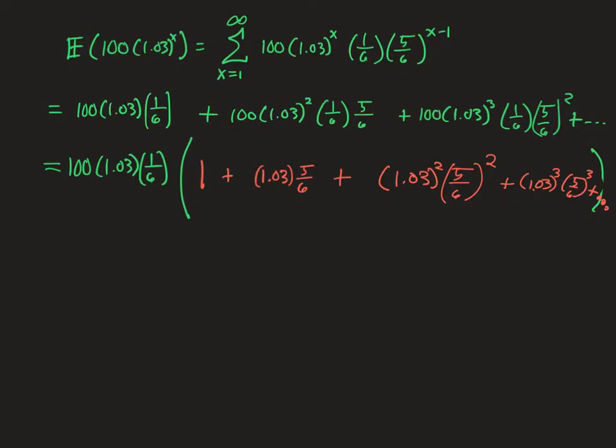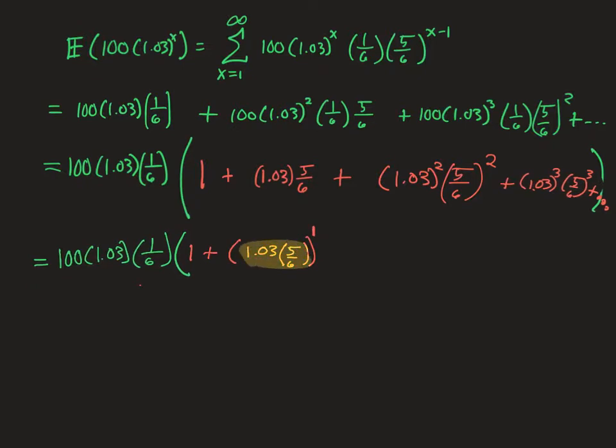So writing this in a way that lends itself to interpretation as a geometric series, all we're going to do here is group the 1.03 times 5/6 and treat that as our increasing unit.